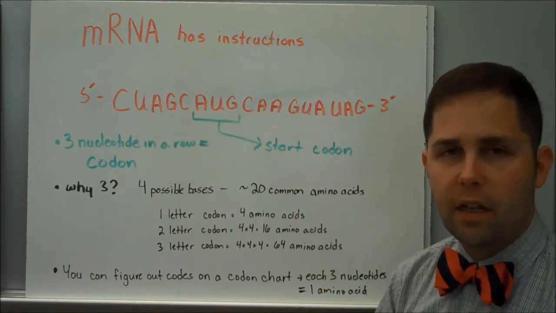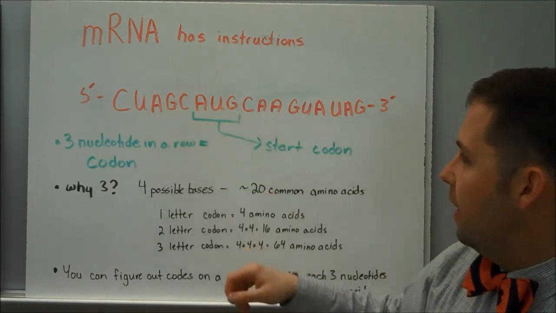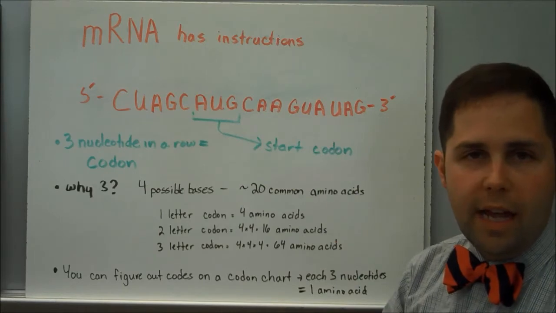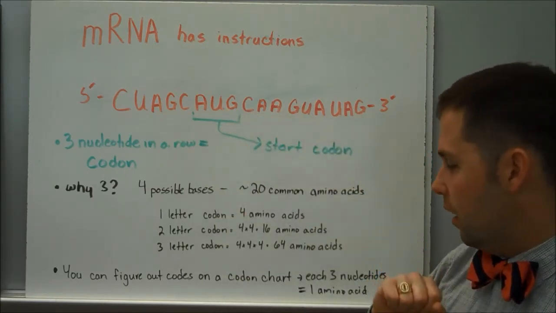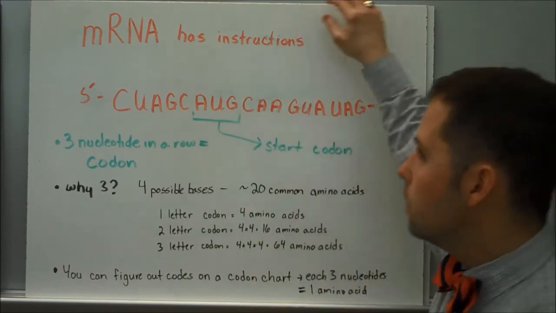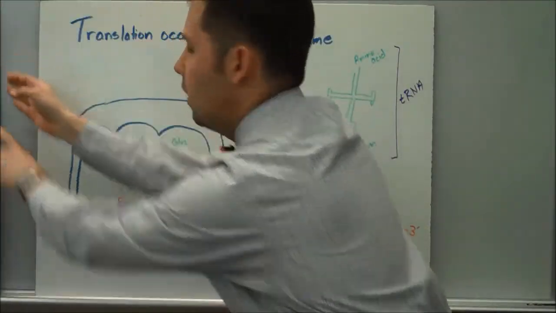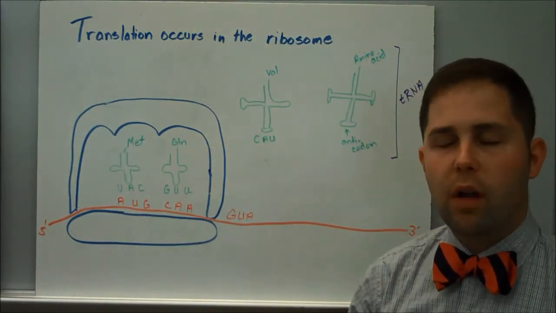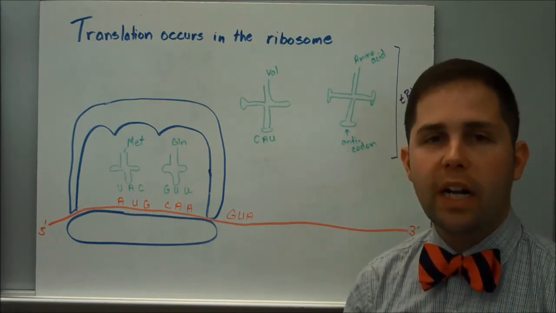So by using that chart, you can take AUG and decide that that's a start codon, and it also codes for methionine. And so you can go down the line and figure out what each one of these codons' amino acids are. That's nice if you want to use that codon chart to figure out what the mRNA you're looking at codes for, what kind of protein it makes.